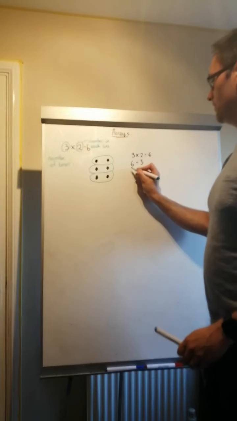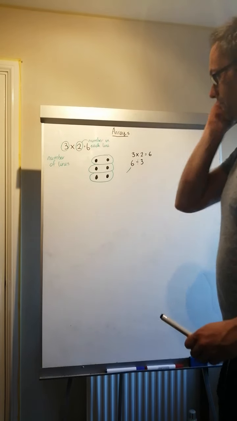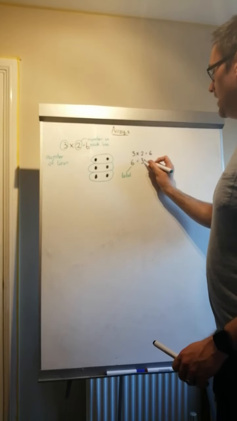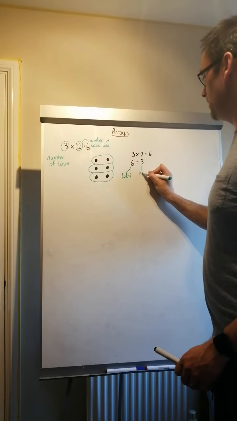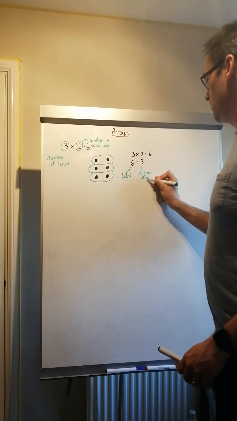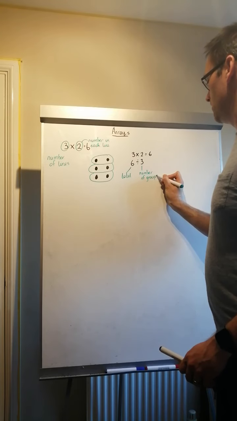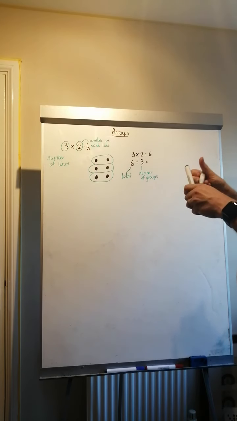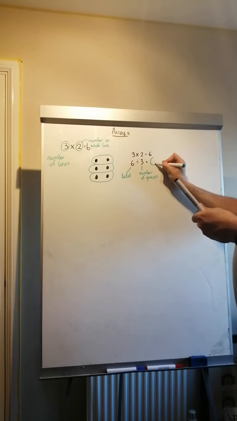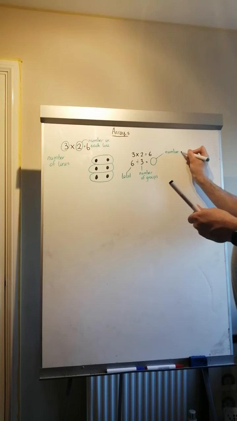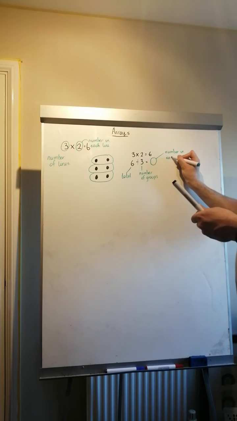So for the division, remember, this is the total. And the second number is the number of groups. Okay, the answer is then the number in each group.